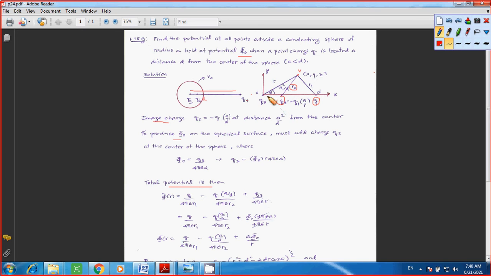And also the potential from charge q3, equal to q3 divided by 4 pi epsilon r, measured from the center. So you add them up.